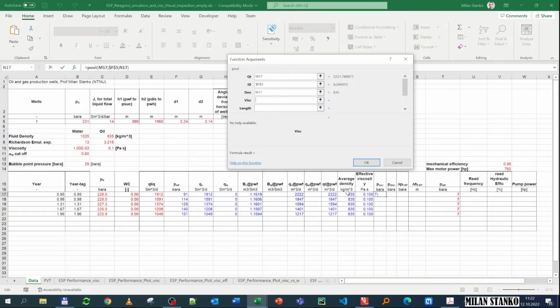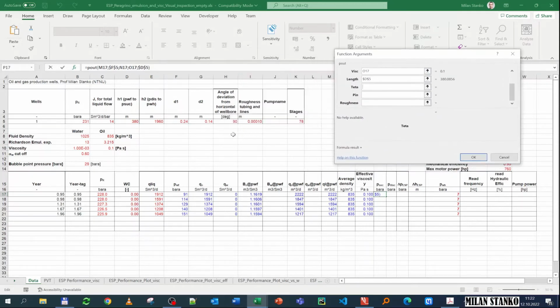Viscosity is this cell here. Length, we're assuming a vertical section, so it's going to be this 380 that I have to block. Inclination angle of the wellbore: we're assuming that all the wellbore is vertical, so we're going to use 90. P in is going to be the flowing bottom hole pressure, this guy here, and the roughness is going to be this guy here.